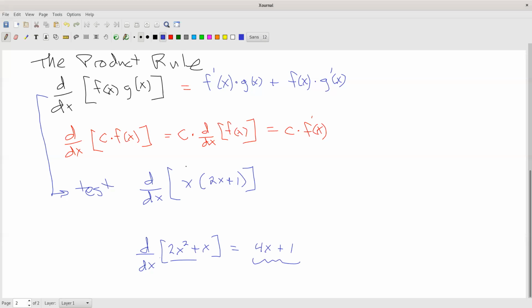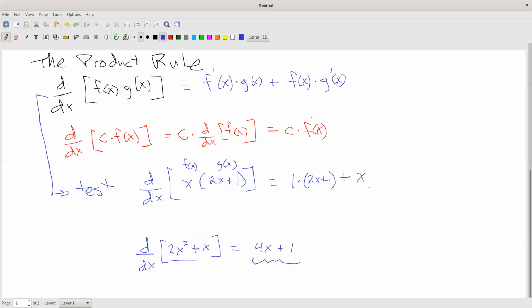So this one right here is my f of x, and this one right here is my g of x. And so the product rule says take the derivative of f of x. Well, the derivative of x is 1. And then just multiply by the other function as is, 2x plus 1. And then leave the first function alone.